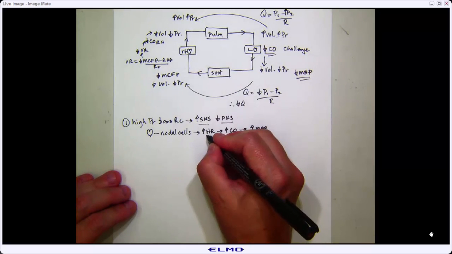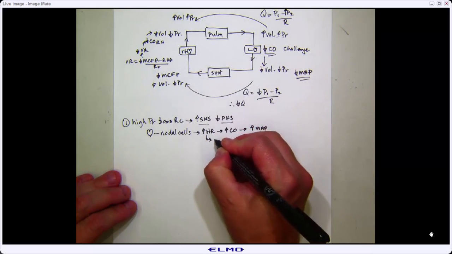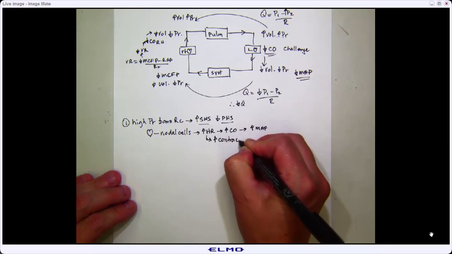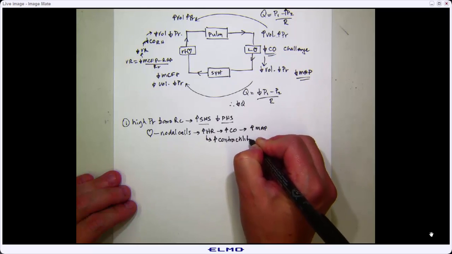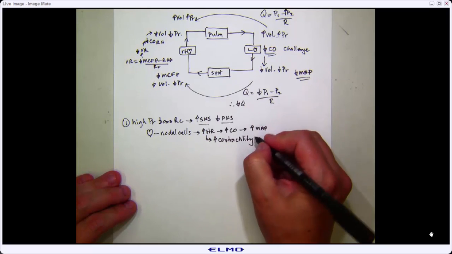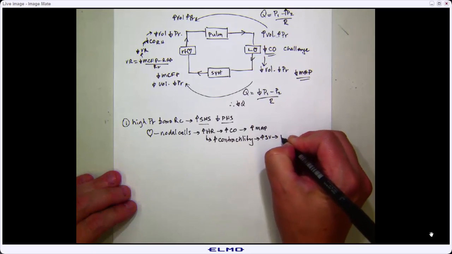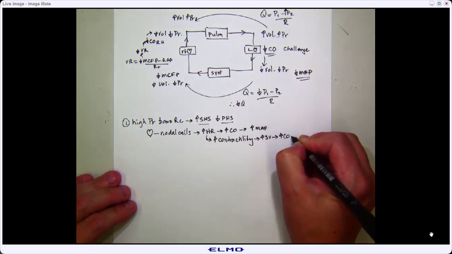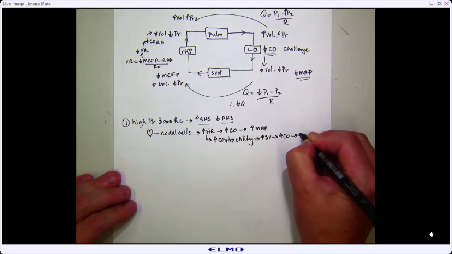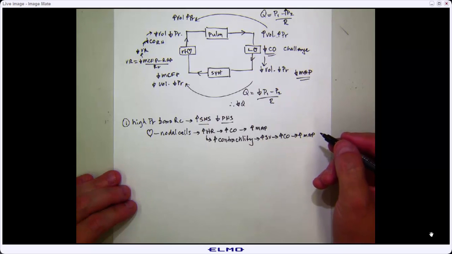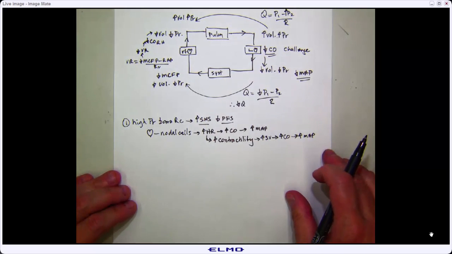We know from that increase in heart rate, we would have an increase in contractility, which would result in an increase in stroke volume, an increase in cardiac output, and an increase in mean arterial pressure. Okay, we're working, the body is wired to fix this problem.